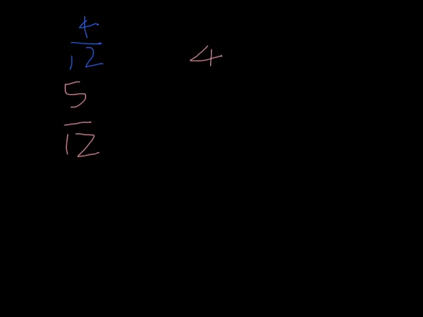So, first, since both of them have a common denominator, you don't have to change the numbers at all. All you have to do is add. So 4 plus 5 is 9/12. 9/12 can be reduced.